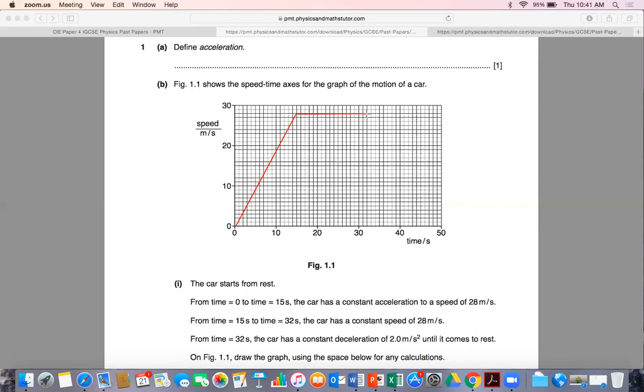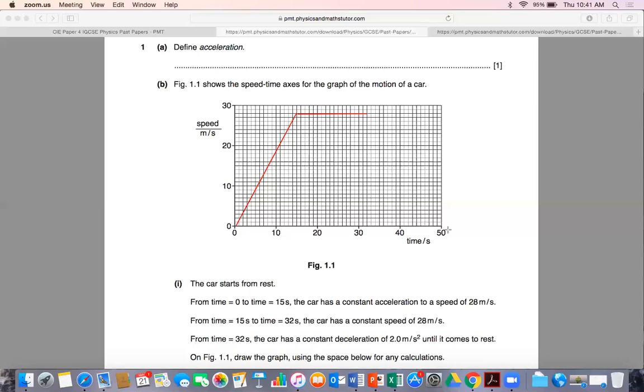Okay. And then from time 32, the car has a constant deceleration until it comes to rest. So it comes to rest means the speed is going to be 0. But it says the car has a constant deceleration to rest. So until what time? So I have to draw a line going down, but until how many seconds?